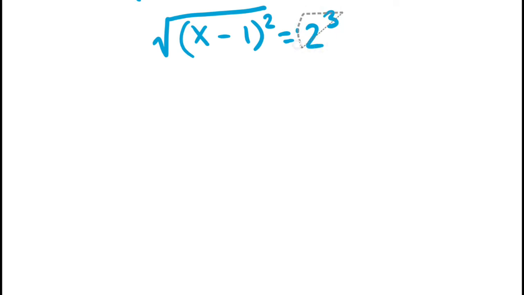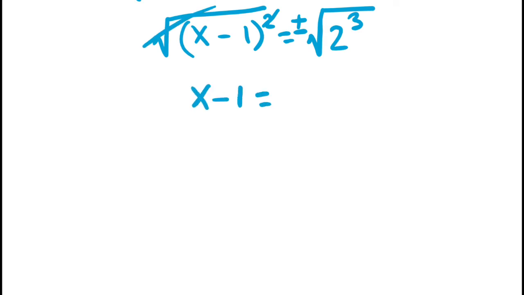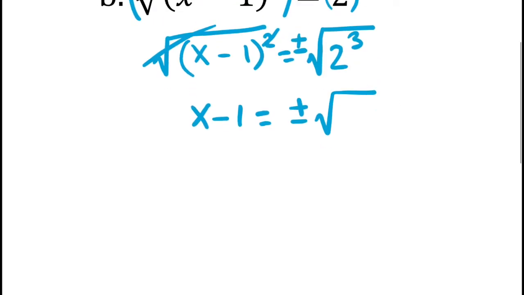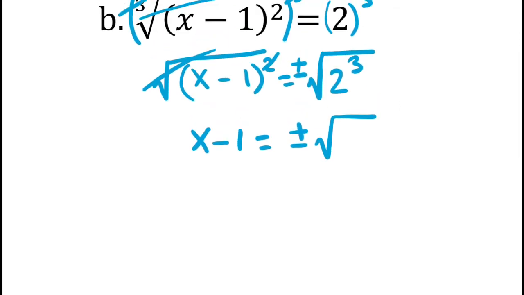Remember, when we do the square root of both sides, we need to include the plus or minus version. I'm going to give myself some room here. I'm going to do the square root, and include the plus or minus version. Now the square root and the square cancel, leaving me with x minus 1 equals plus or minus the square root of 2 to the third.